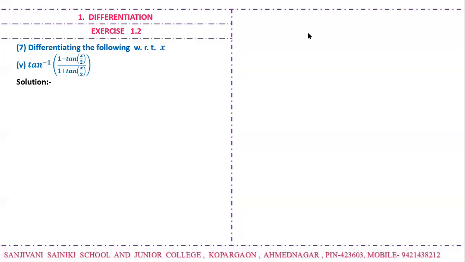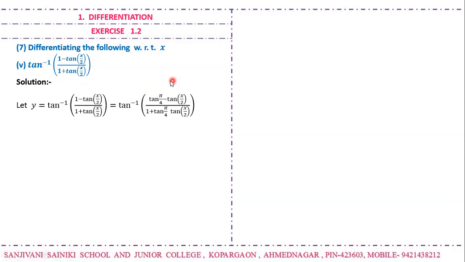The next example is tan inverse of (1 minus tan x by 2) upon (1 plus tan x by 2). Now here this bracket, we have to convert it into one of the tan formulas, tan (a plus b) or tan (a minus b), because the outside is tan inverse. How to write it? I will simplify it using 1 can be written as tan pi by 4.